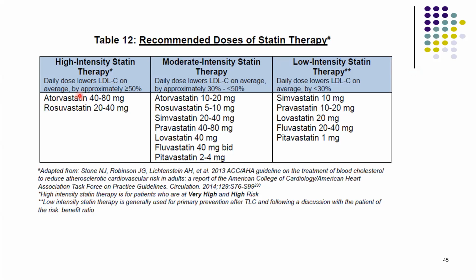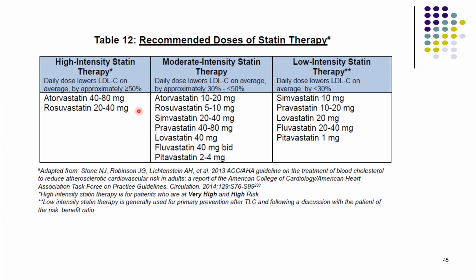We can reduce the cholesterol by more than 50 percent, so that is for very high risk. Then we have to give the high intensity. High intensity is atorvastatin 40 to 80, rosuvastatin 20 to 40.